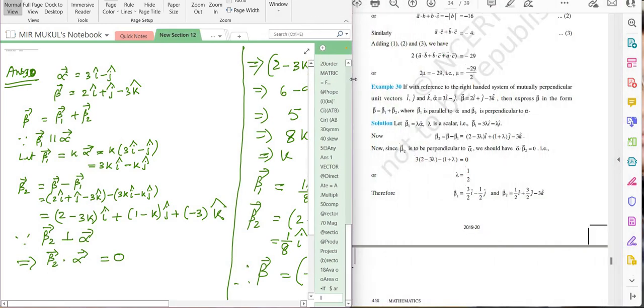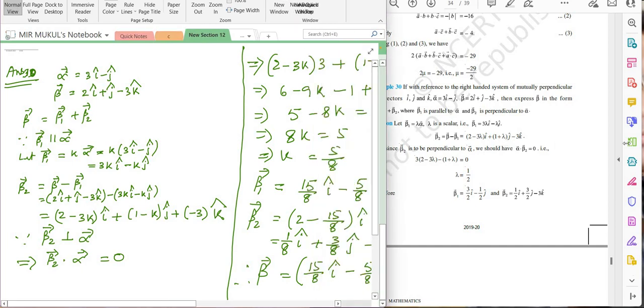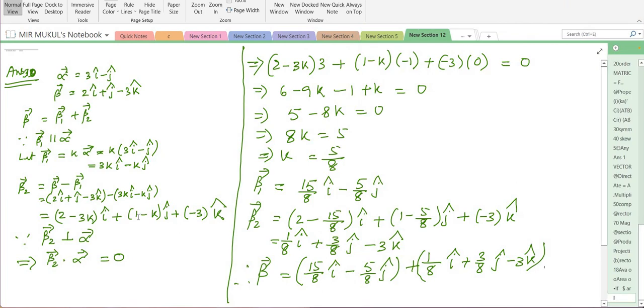So beta 1 lambda equals 1 by 2. Here actually minus minus, sorry, it should be plus.